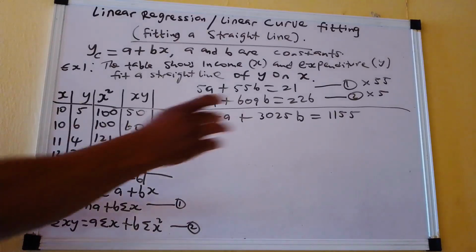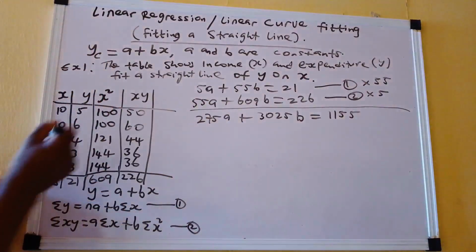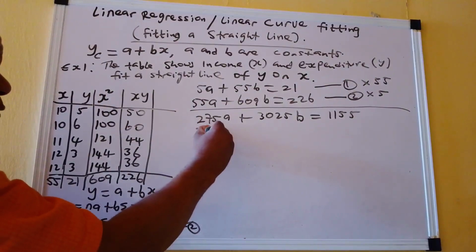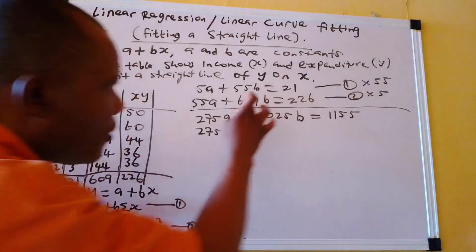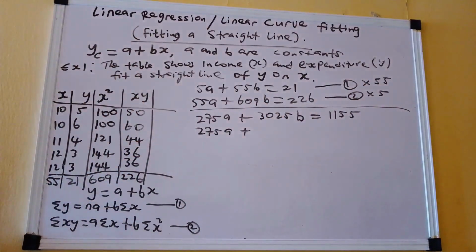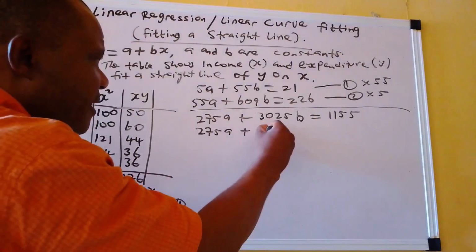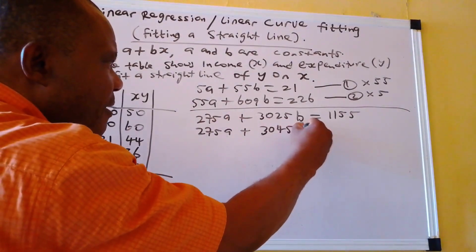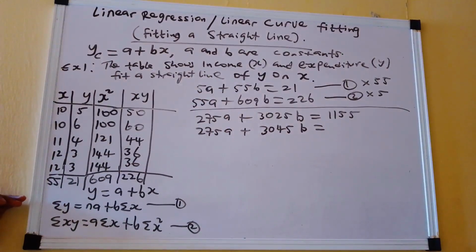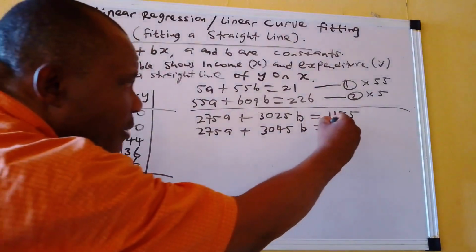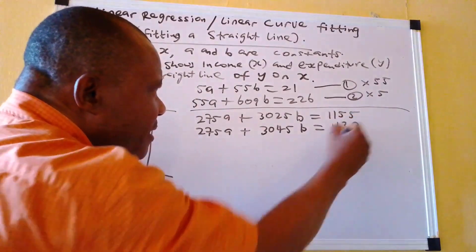Then using 5 again to multiply 55, you are going to have 275A plus. Now you are going to say 5 multiplied by 609 is 3045. So you're going to have 3045B is equal to, then 5 multiplied by 226 is 1130. We're going to have 1130.